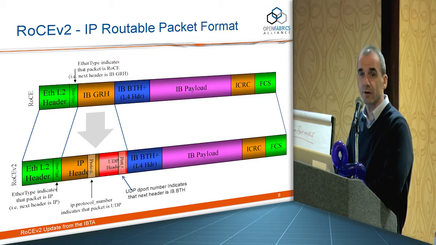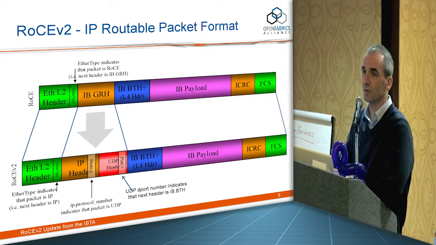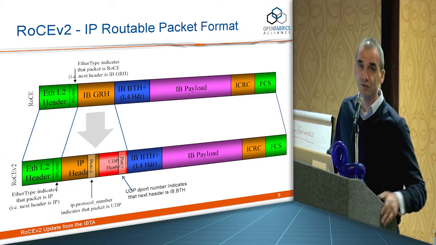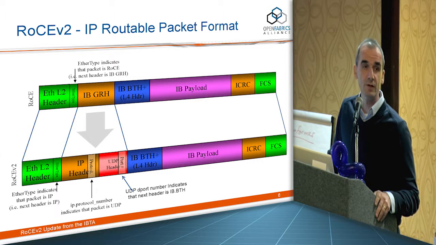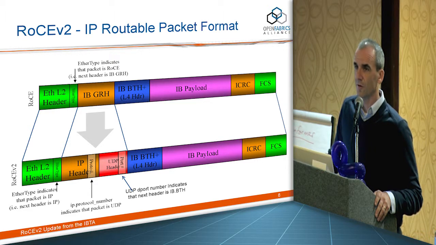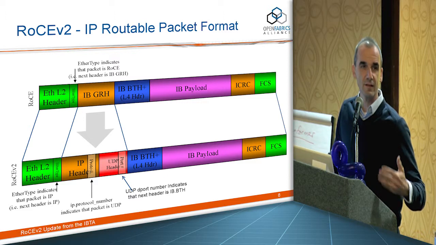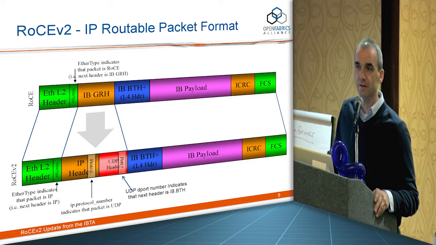The protocol number in the IP header indicates that the packet is a UDP datagram, and it is using the common practice of identifying protocols or applications on top of UDP through a well-known destination port number in the UDP header that we identify the packet as being a RoCEv2. So the concept of very straightforward and stateless identification of a packet as being a RoCEv2 is completely preserved.